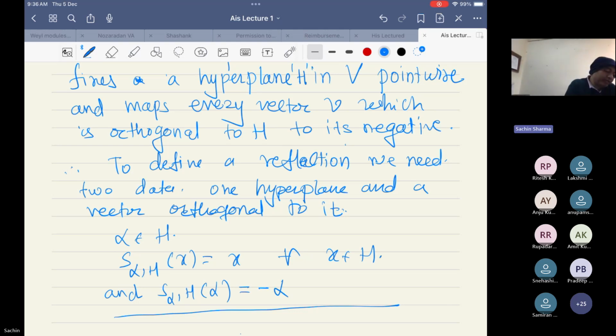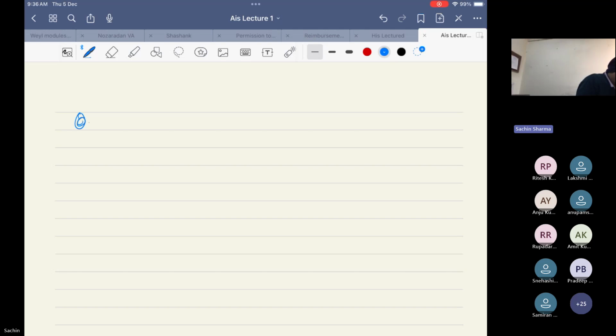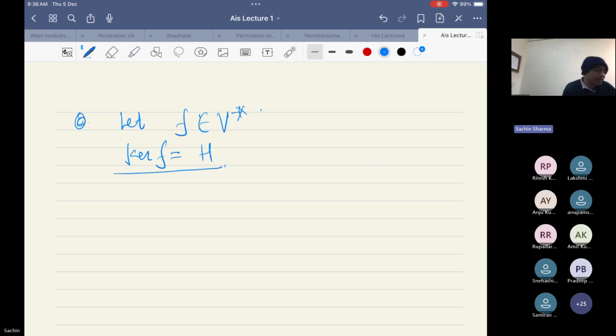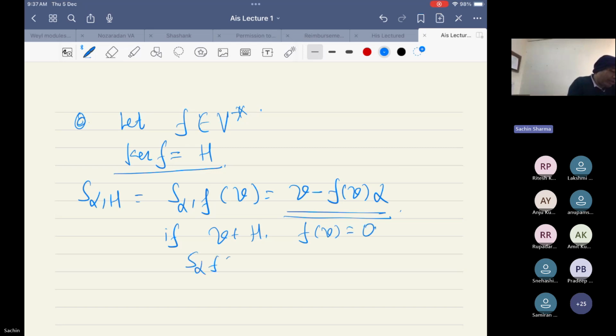Note that if one wants to define it differently, let f be a functional, f belonging to the dual space, such that the kernel of f is equal to H. Then one can write S alpha,f and define it on V as S alpha,f of v equals v minus f of v times alpha. That is completely satisfying, as you will see that if v belongs to H, then f of v is equal to 0, and so S alpha,f of v is equal to v.